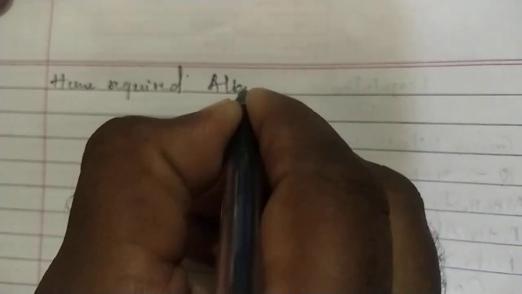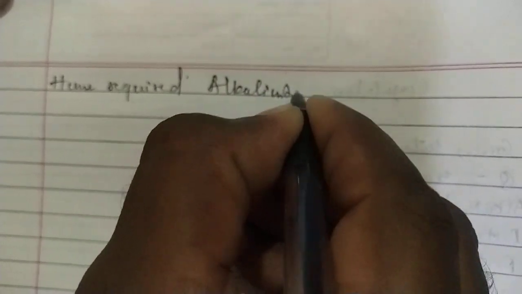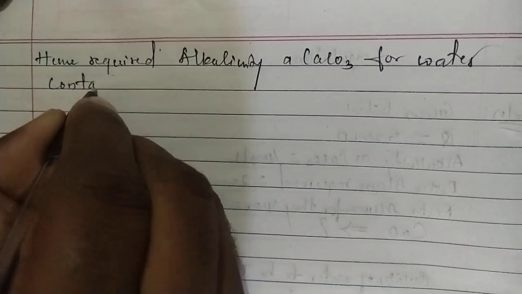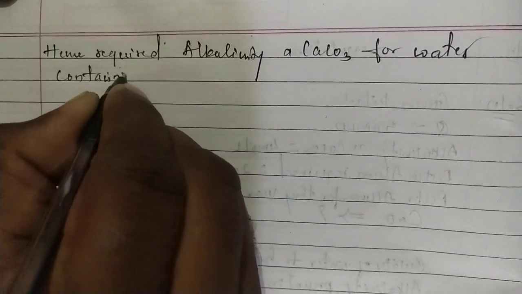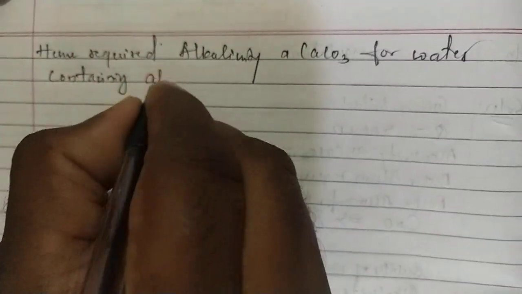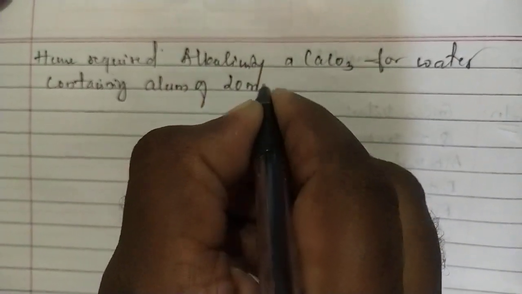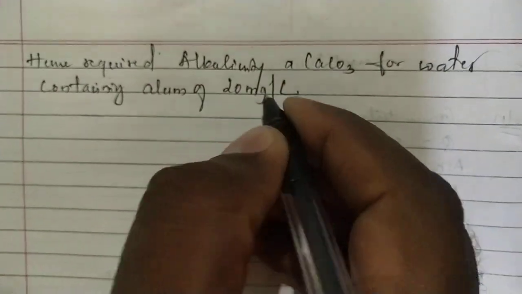alkalinity as CaCO3 for water containing alum of 20 mg per liter.